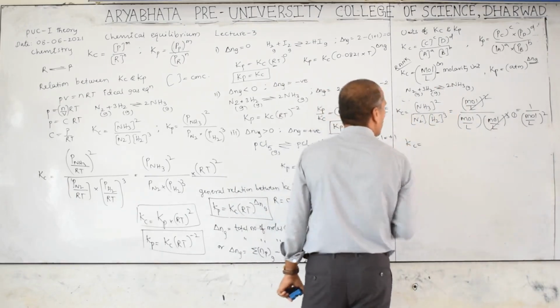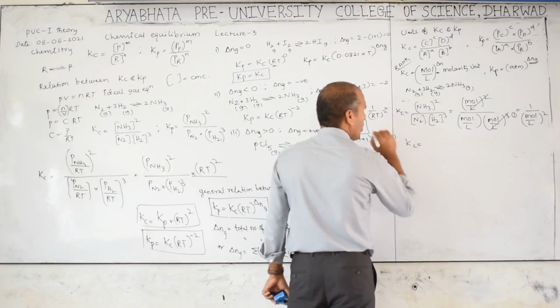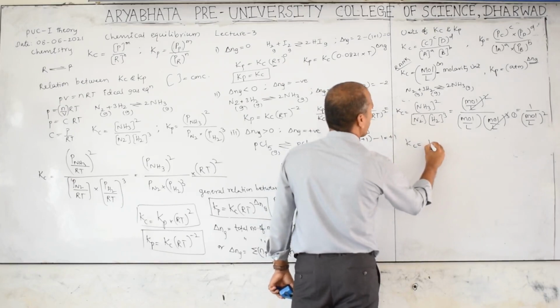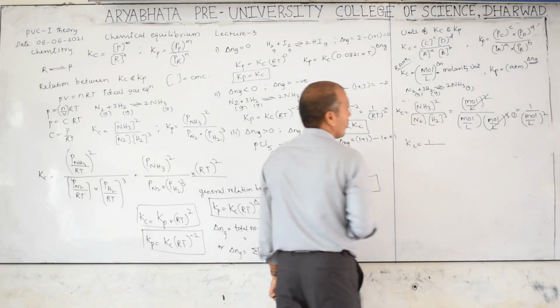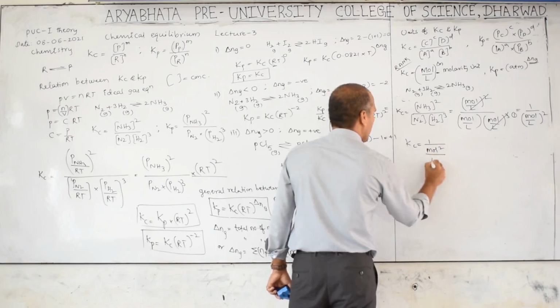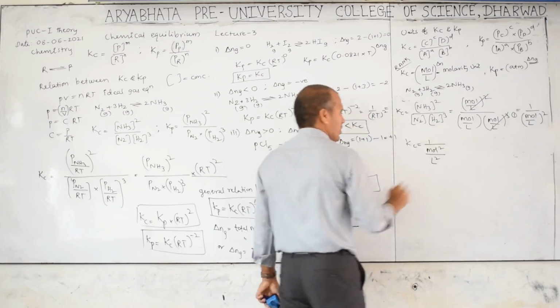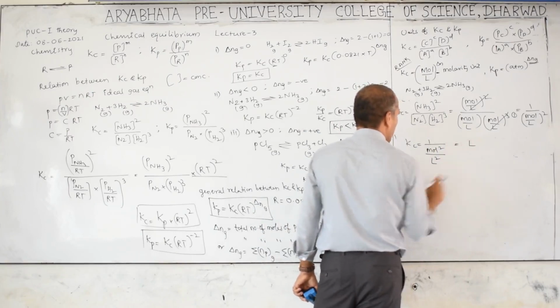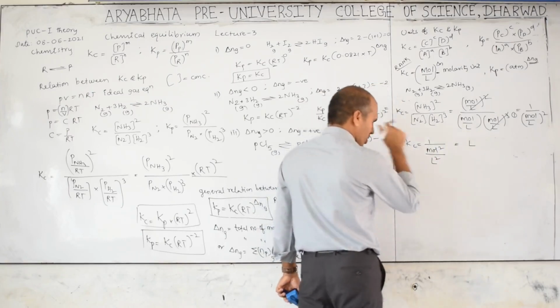Kc is equal to 1 by mole square by liter square. This can be represented as liter square going to the numerator, liter square only.